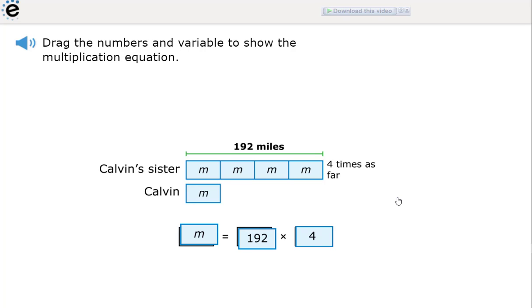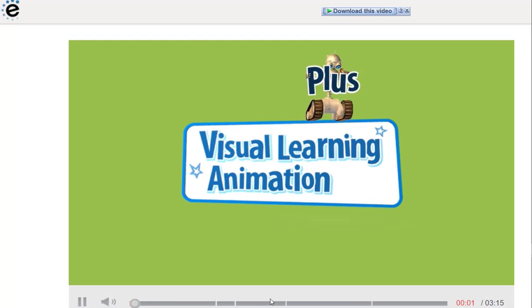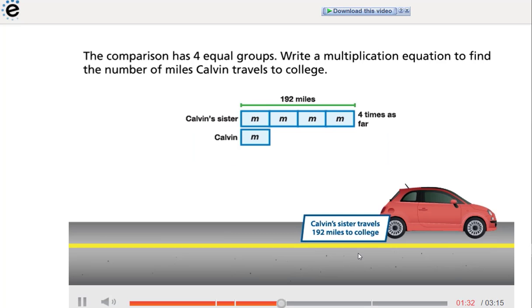Ahmed Fahd, give me the equation to find the number of miles Calvin travels to college.